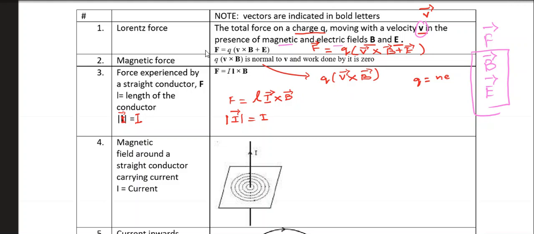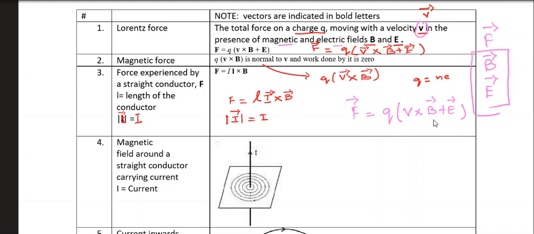Now it is given by F, that is force vector, is equal to Q into V, the velocity, into B vector plus E vector, the total field.